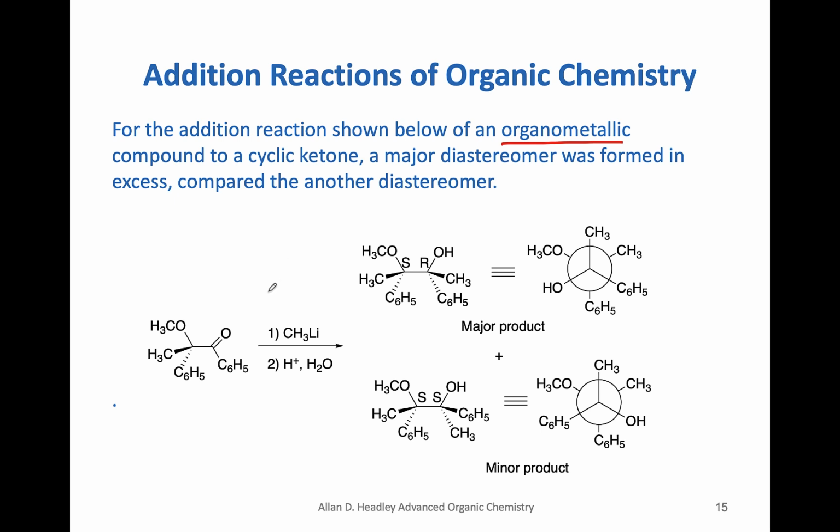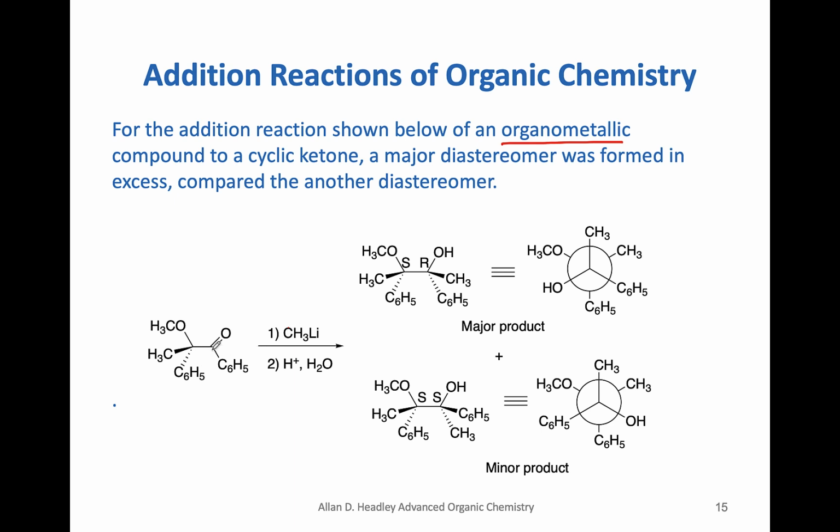Lithium is even more electropositive. Look at your periodic table and you'll see that it's even to the left of magnesium and further up. So you'd expect this carbon-lithium bond to be just about ionic.